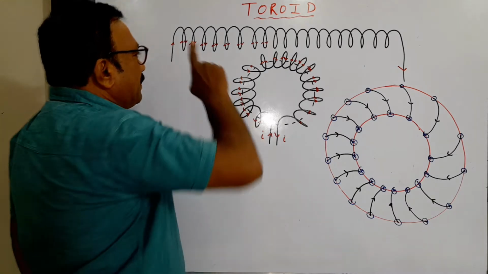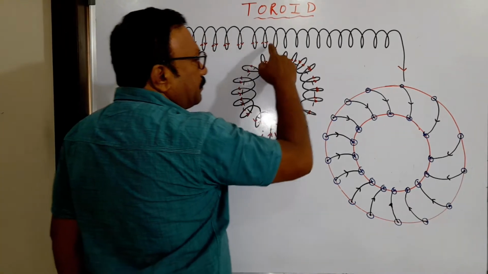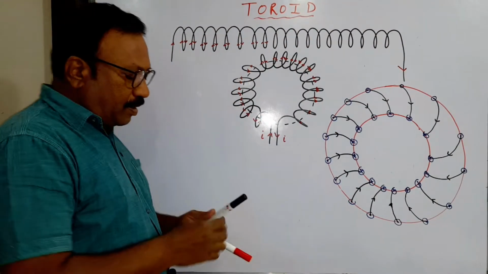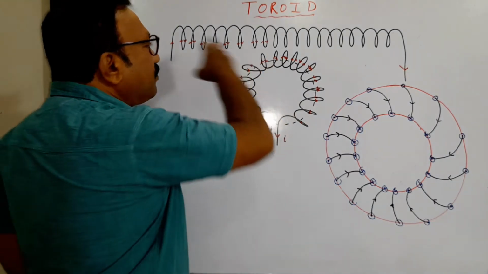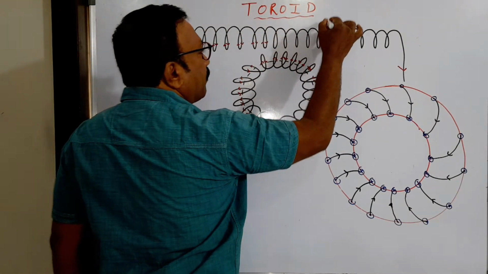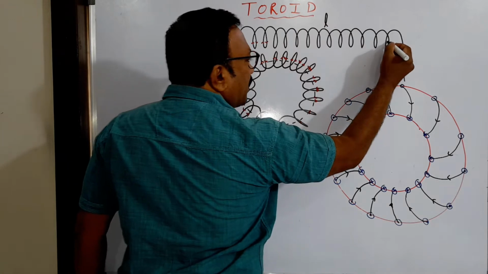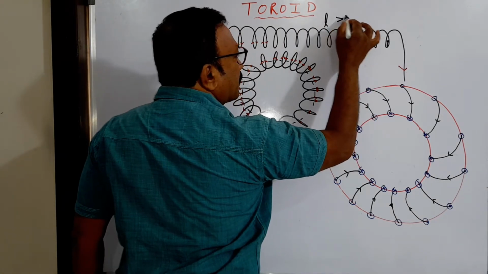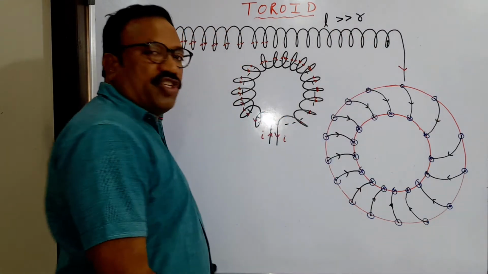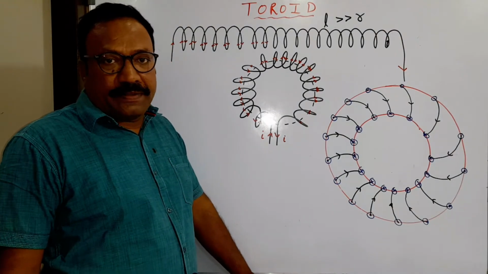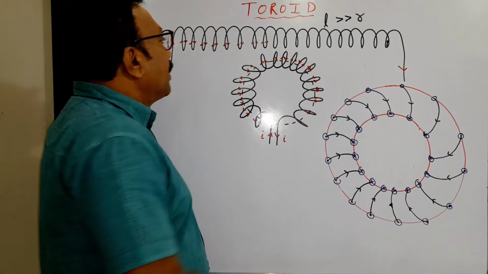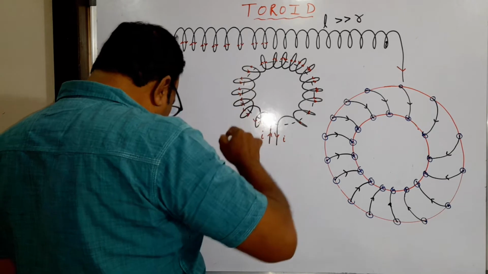What did I discuss? This is a solenoid. This is the length of the solenoid, which is much greater than the radius, and it is known as an ideal solenoid. And what are the conditions for an ideal solenoid?